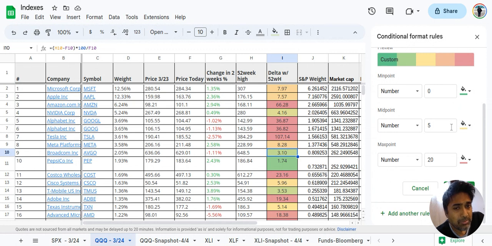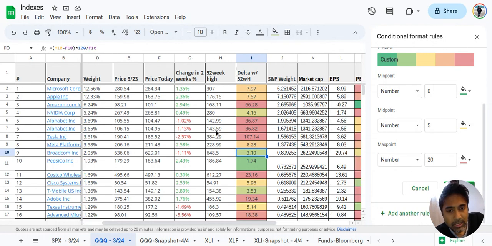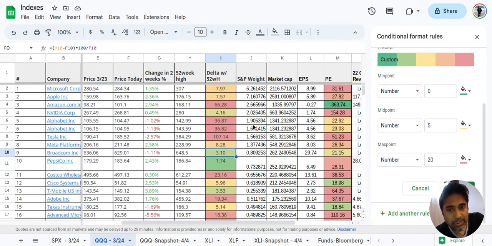If it's 5% below that, so not too far away, then it's yellow. And if it's more than 20% below the 52-week high, it's actually in the bear market, still very much in the bear market, then it's red. So that's the heat map description here.